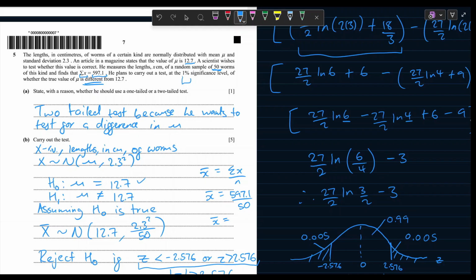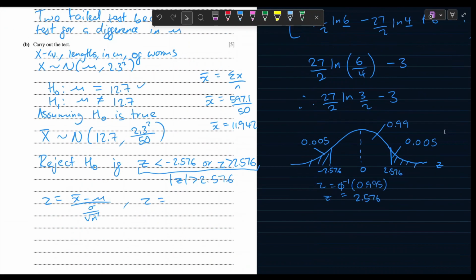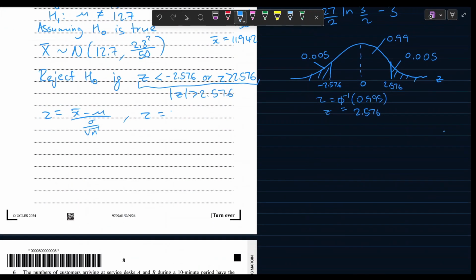597.1 over 50. That is 11.942. So it becomes 11.942 minus mu being 12.7, and this is all over sigma over root n, so just 2.3 over root 50.